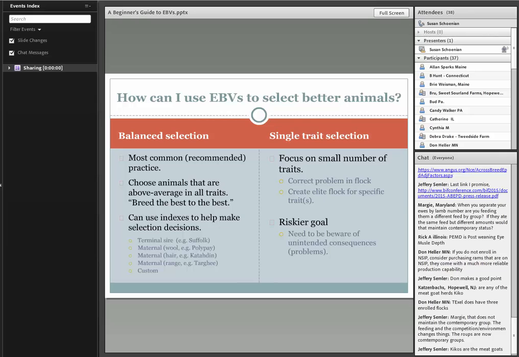So I'm not looking for the highest in something, but above average in all traits, above zero, either in percentage or pounds. And then I'm going to breed the best to the best. I'm not going to buy the best ram and then breed into my worst ewes. I'm going to breed the best ram to my best ewes. I can also use indexes to help me make selection decisions, depending on my breed, depending on my production system.